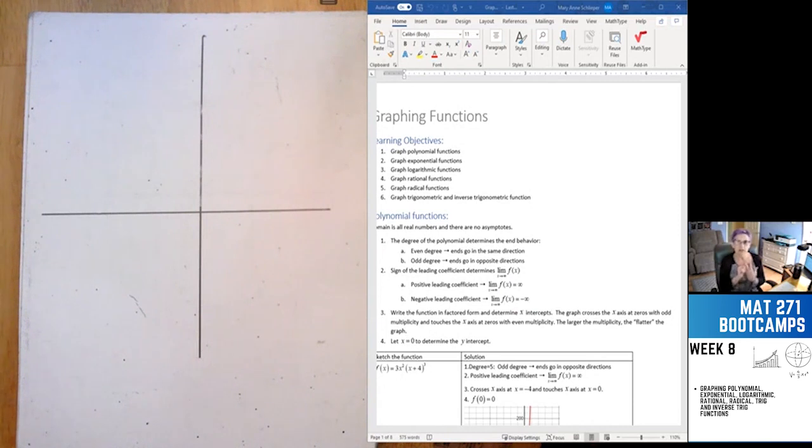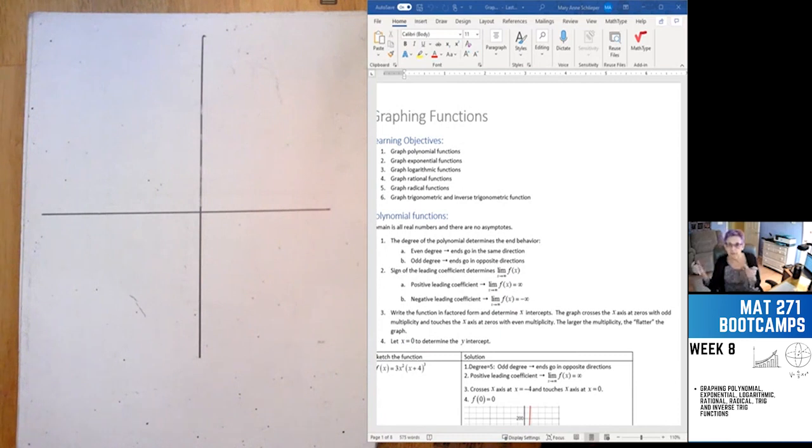If there is even degree, the ends go in the same direction, either up or down. And if there's odd degree, the ends go in opposite directions. And the right end always goes the way of the leading coefficient, because the limit as x approaches infinity is equal to infinity if your leading coefficient is positive, and it's equal to negative infinity if your leading coefficient is negative.